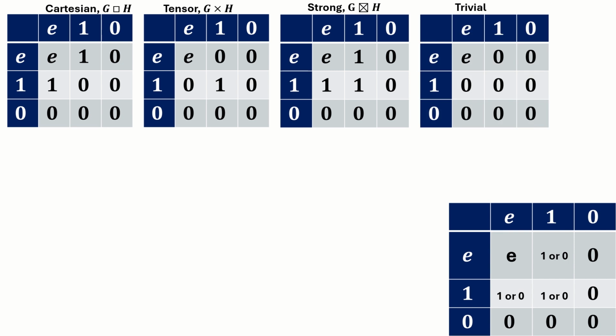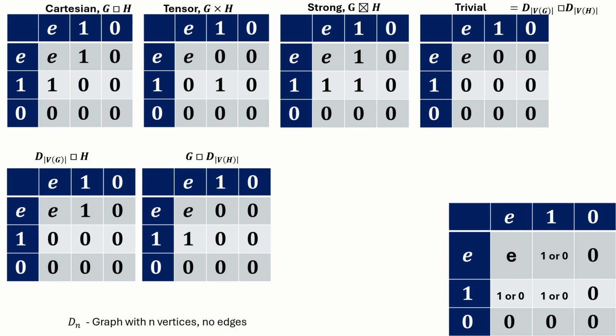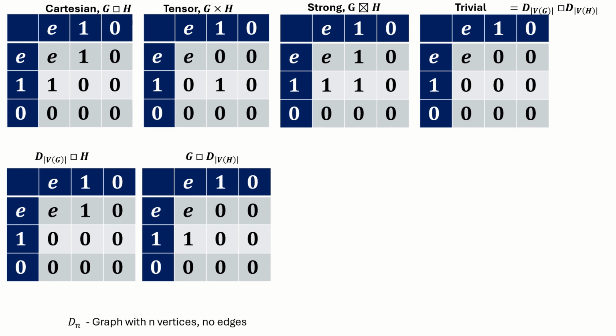One of them is the trivial product that results in an empty graph. It's defined by the selection of none of the adjacency rules. 2 of the products are uninteresting products. Their tables are displayed here. They're defined by the selection of a single adjacency rule, which serves to copy one of the factor graphs for each of the vertices of the other factor graph.